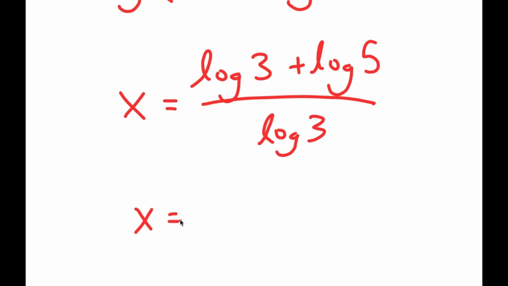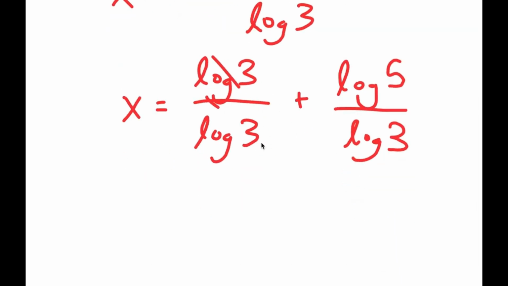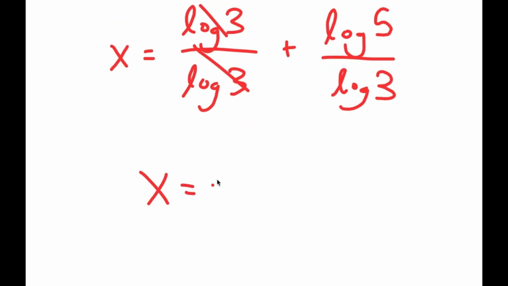And this is the same thing as log 3 over log 3 plus log 5 over log 3. So log 3 and log 3, these two cancel out, so I get x is equal to 1 plus log 5 over log 3.